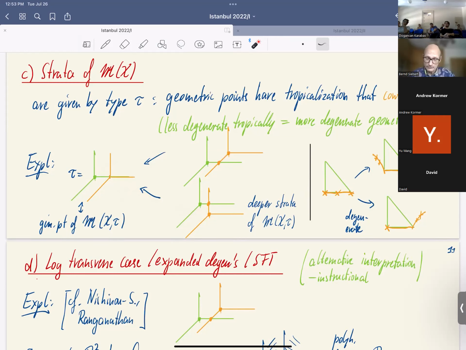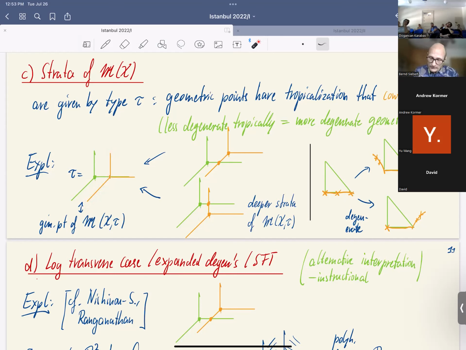In the moduli space, that means you have a P2 and a P1, a smooth P1 with three marked points mapping to the two zero-dimensional strata, and one marked point mapping to the divisor.